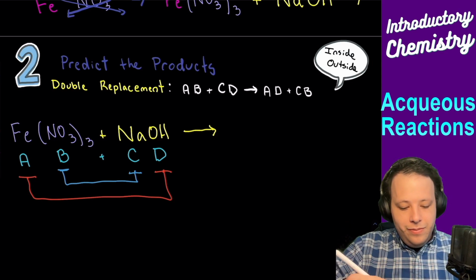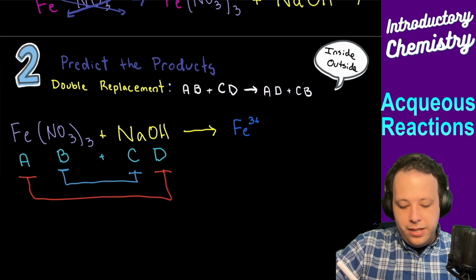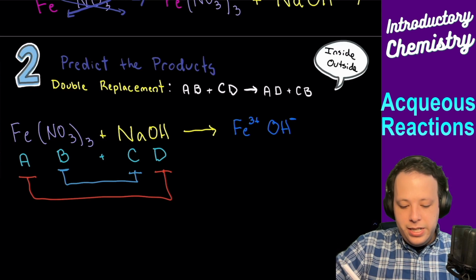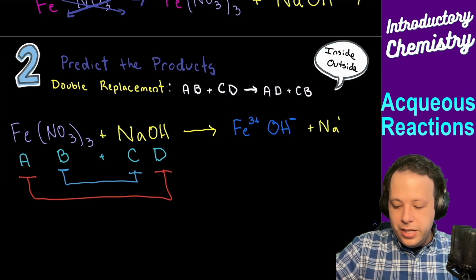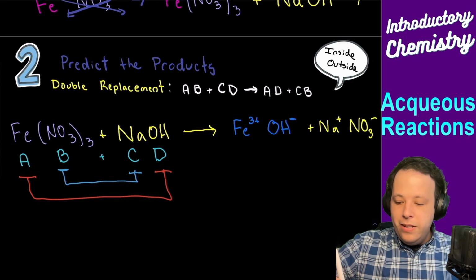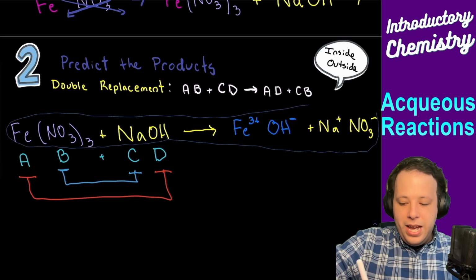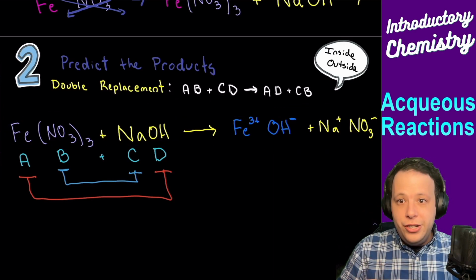So we'll have iron 3+ mixing with hydroxide, OH minus, and then we're also going to have sodium plus and nitrate minus mixing together. So these are going to be our parts here. We predicted the reaction, we have our products, but are we finished here?